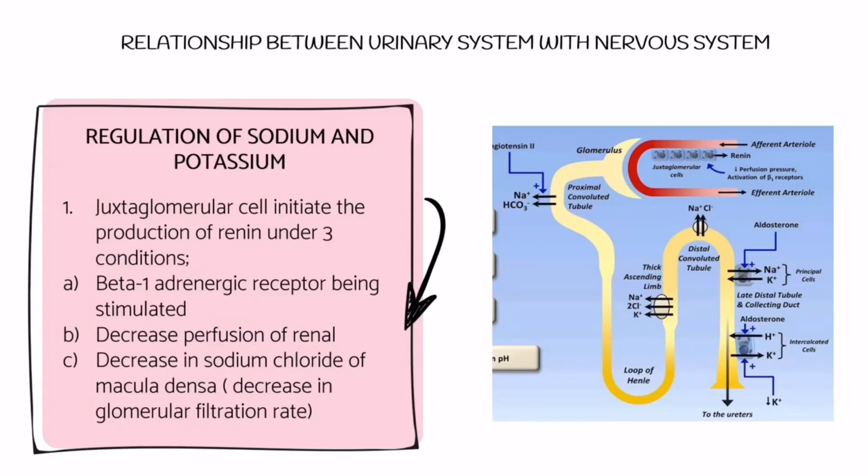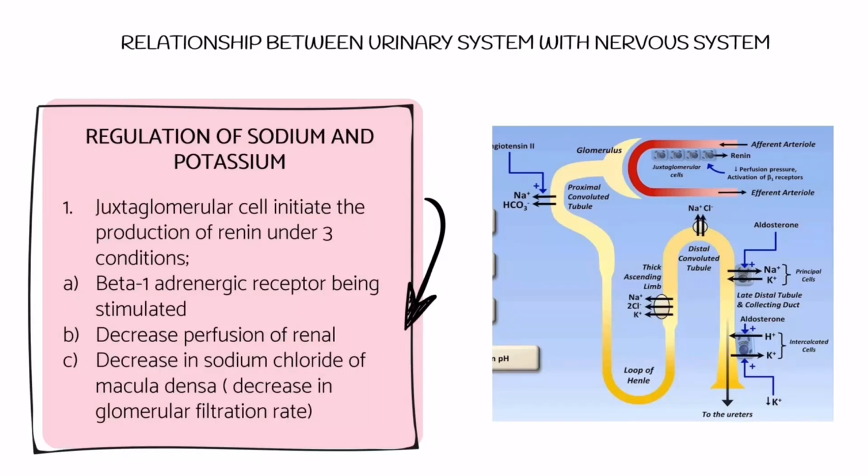So, let's move to our first topic of discussion, the relationship between renal physiological process and the nervous system. One of the physiological processes that occurs in the renal system is to regulate and maintain the normal level of potassium and sodium ions inside our body.